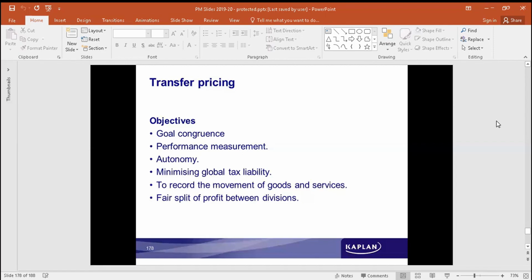Then it is useful in measurement of performance, where the transfer pricing concept is focused on that. Performance evaluation would eventually be taken up.